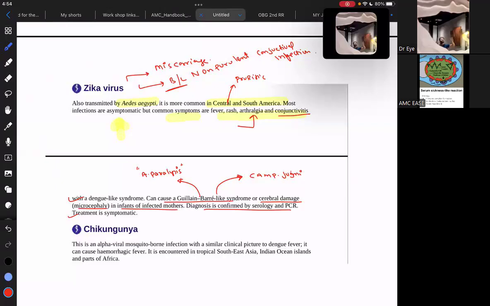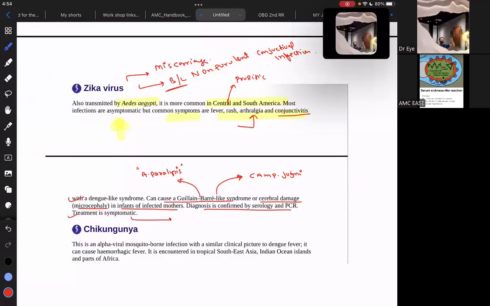Mostly it is seen where the incidence rate of Zika virus was raised, previously in Brazil. Of course, we go for serology, and that is how we diagnose this case.